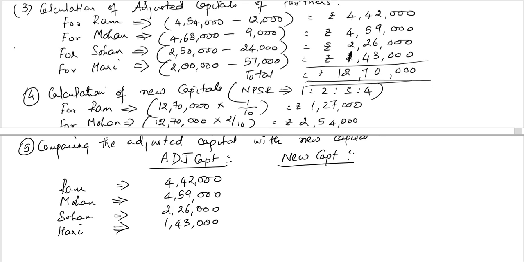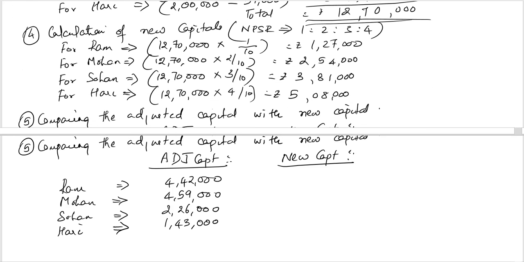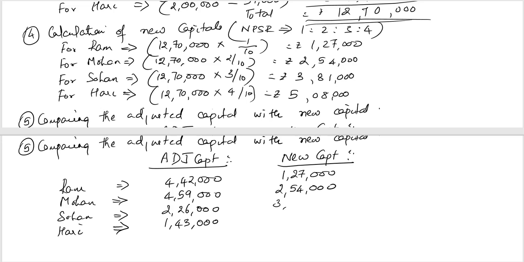We'll scroll down further to get the new capitals. For Ram, 1,27,000. For Mohan, it's 2,54,000 rupees. For Sohan, 3,81,000 rupees. And for Hari, it's 5,08,000 rupees. So we decide whether we are going to debit or credit the current account of the partners.